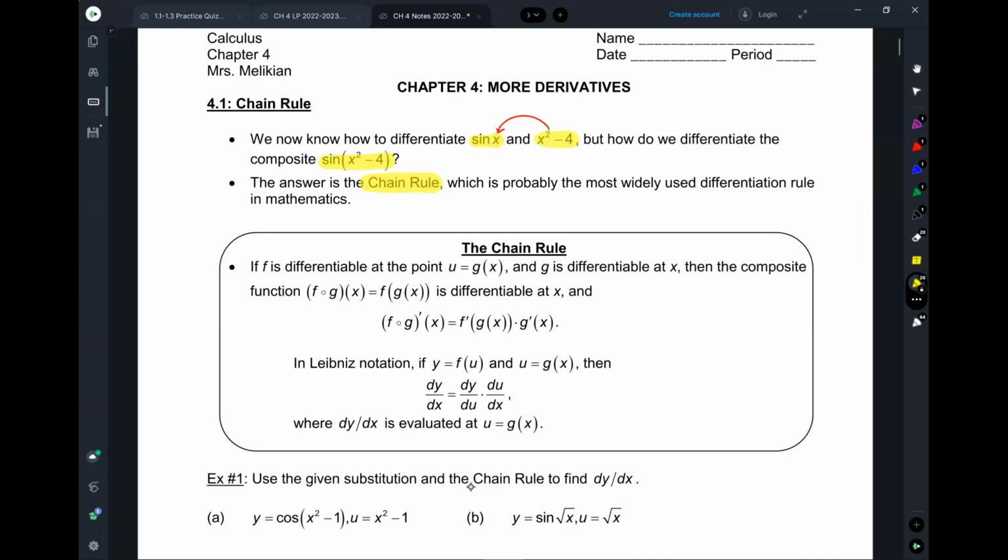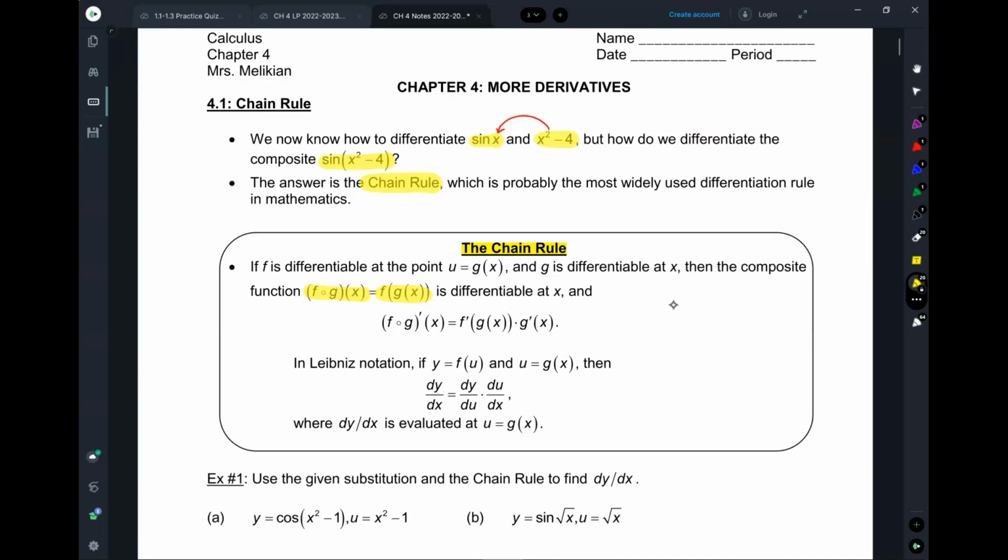So what exactly is the chain rule? Without throwing too many symbols at you, the chain rule is the following. Suppose you have a composite function, f of g of x. Remember we went over how to find f of g of x in chapter 1.